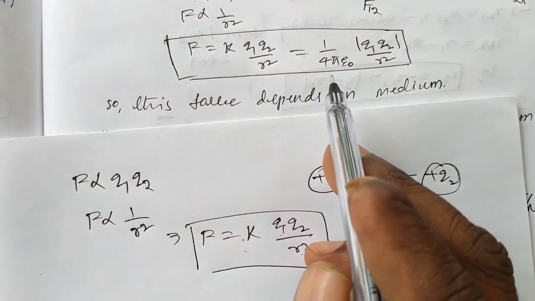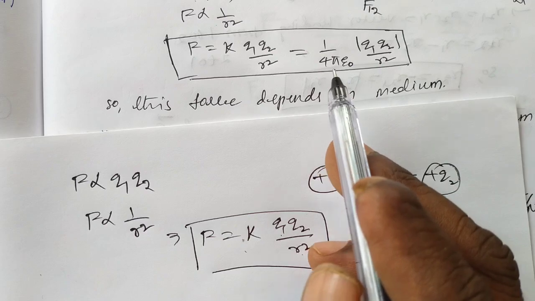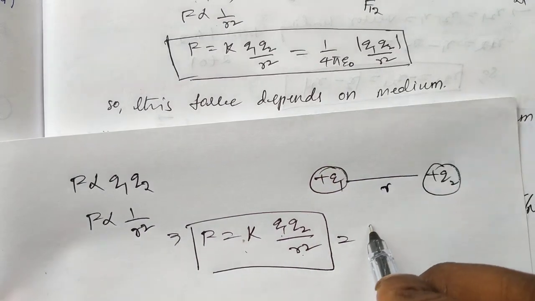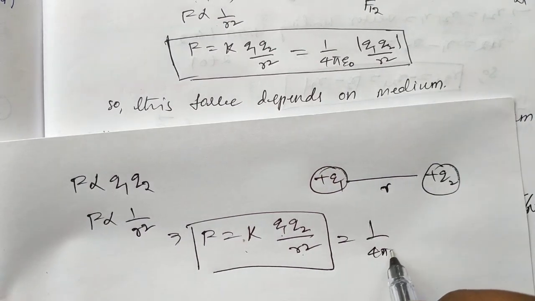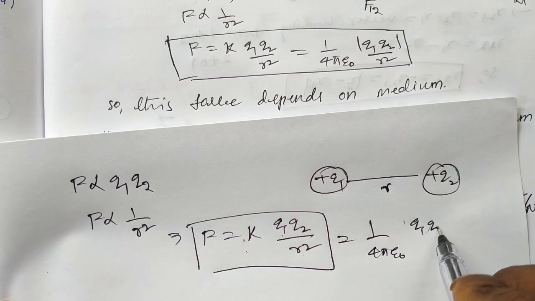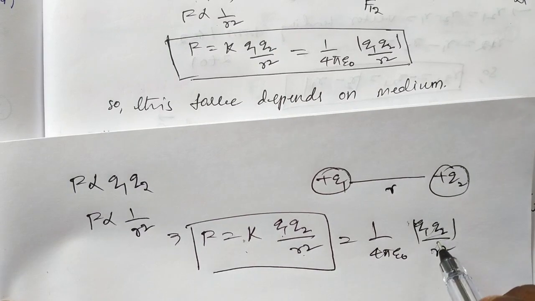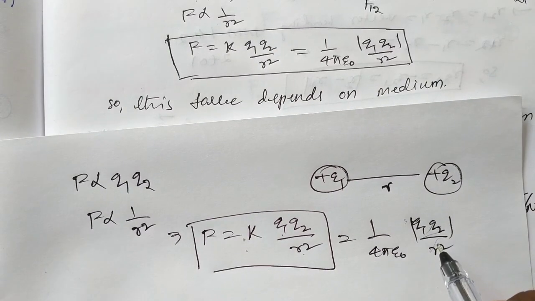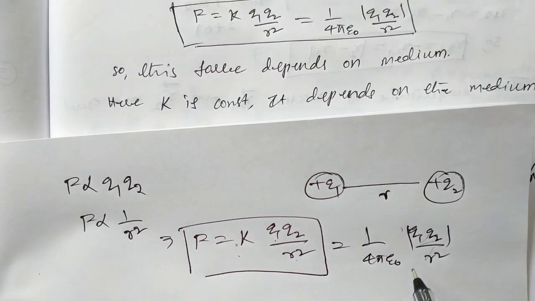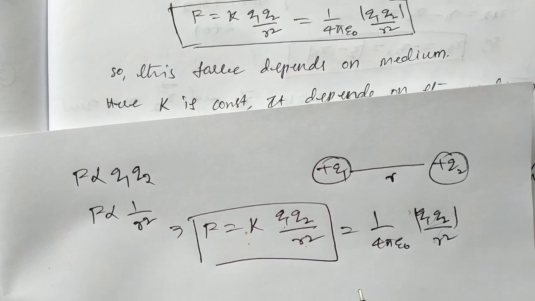Here K is a constant, that is 1 by 4 pi epsilon naught, so F is equal to 1 by 4 pi epsilon naught times mod of Q1 Q2 by R square. This force depends upon the medium.